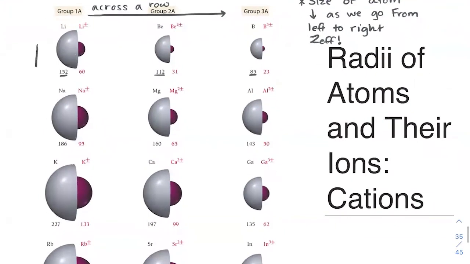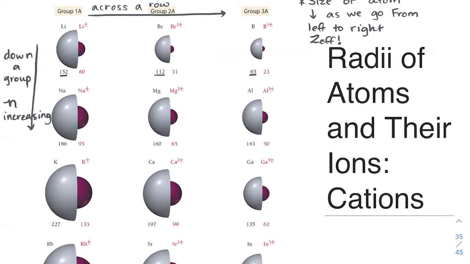As we go down a group or down a family, what is important to note is that size is increasing. Well, Z effective does not change going down a group, but what does change is the principal quantum number n is increasing. We are actually physically putting these valence electrons in a totally different shell.